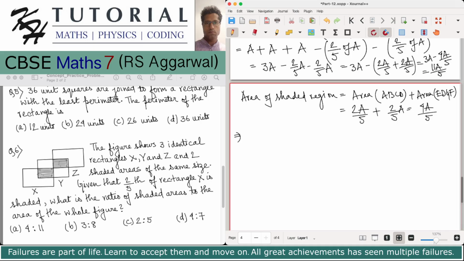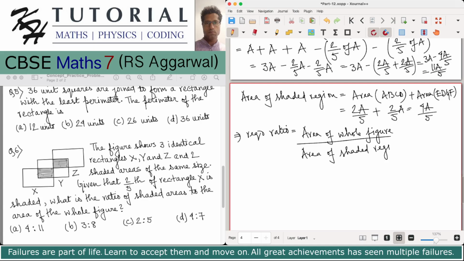So this implies the required ratio is the area of the whole figure divided by the area of the shaded region, which is equal to the area of the whole figure, 11A/5, and the area of the shaded region is 4A/5.